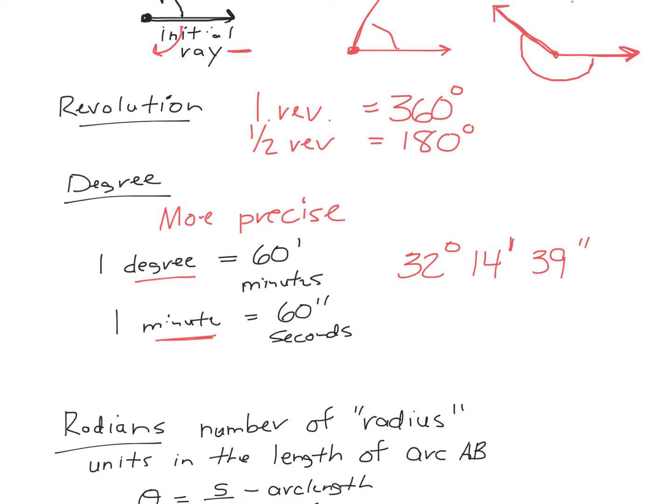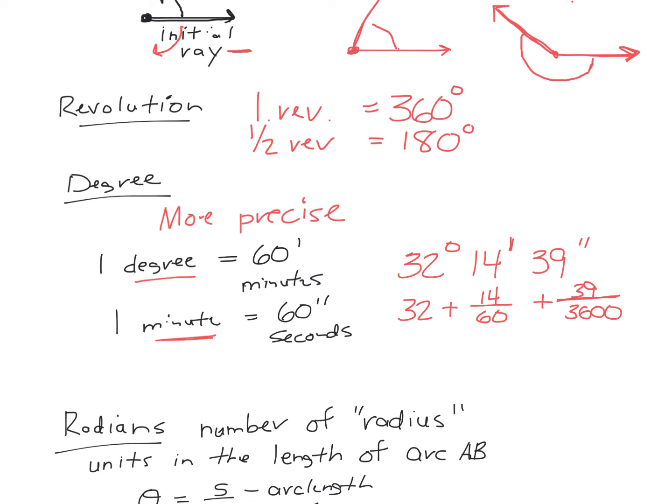Which would mean the same as 32 degrees, plus 14 minutes, which would be 14/60ths of a degree, and then the 39 seconds would be 39 over 3600, because there are 3600 seconds in 1 degree.